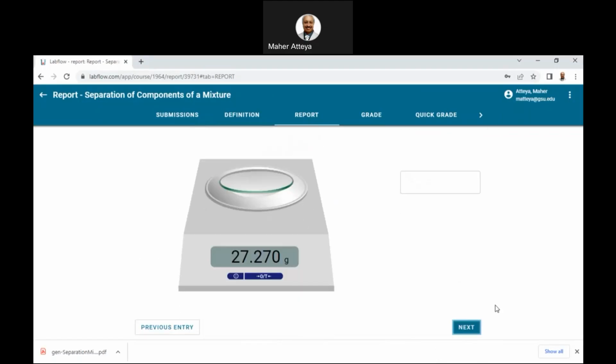Okay, so now click next. Now for the crucible number 2, we need a watch glass. This is the watch glass. So this is 27.0. Let's take this one here out. Okay, take this one here.